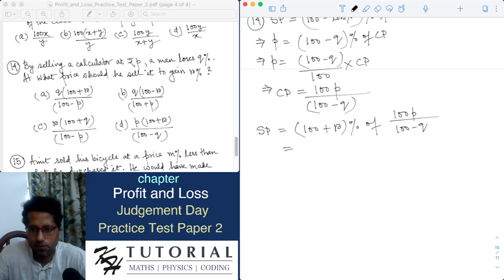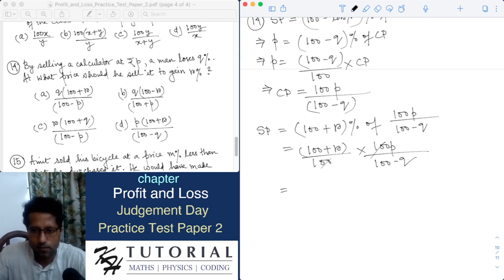Now 100 plus R percent means 100 plus R divided by 100, and of means multiply. So 100 P divided by 100 minus Q. So 100 cancels out.